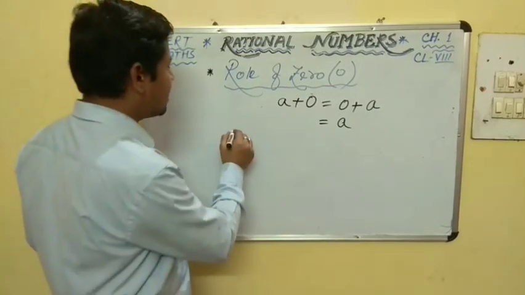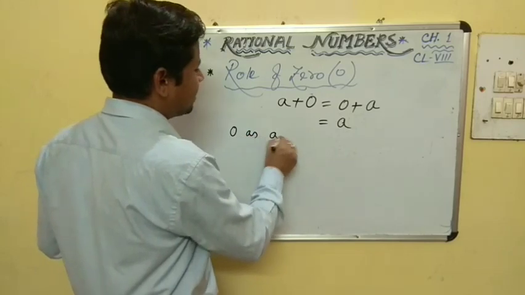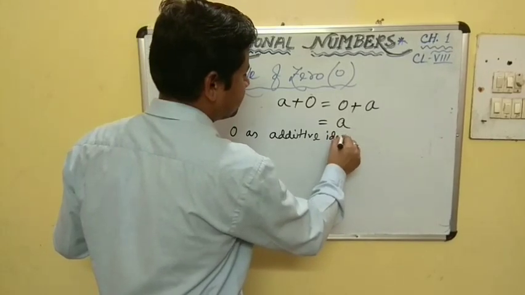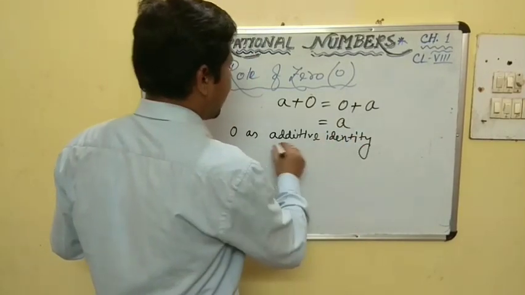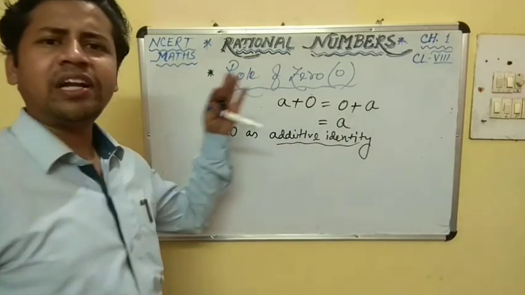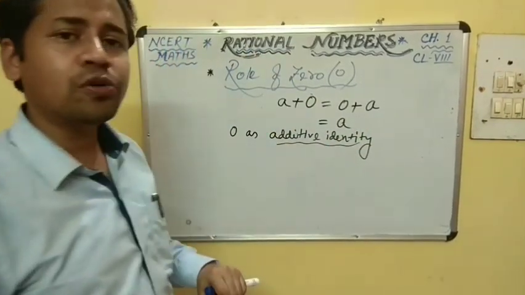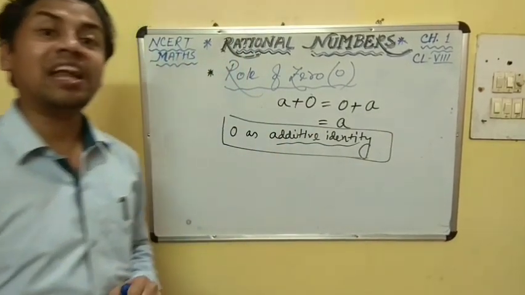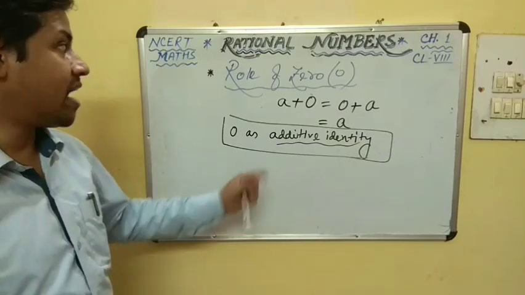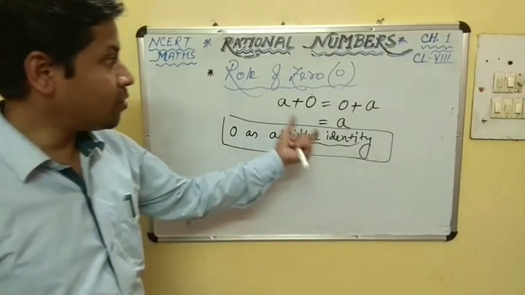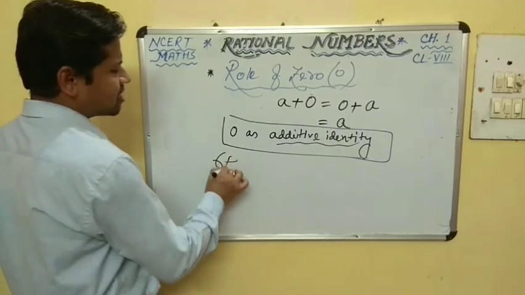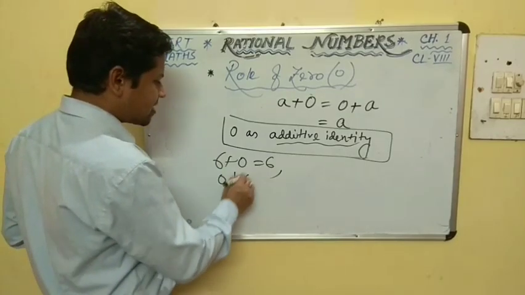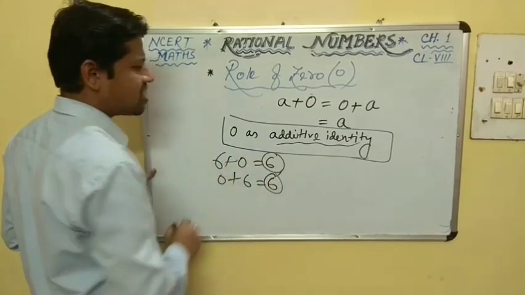We say that 0 is the additive identity element for the rational numbers. We must be clear about the additive identity. Suppose I say that 6 plus 0 equals 6, and 0 plus 6 is equal to 6, that means it is unchanged.